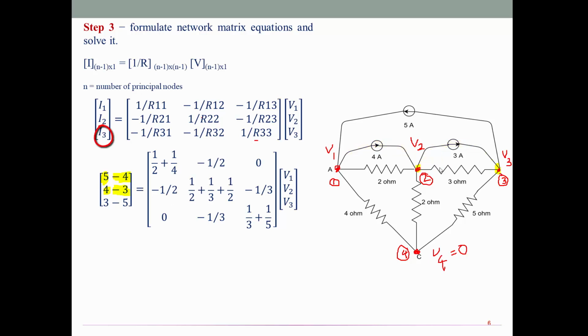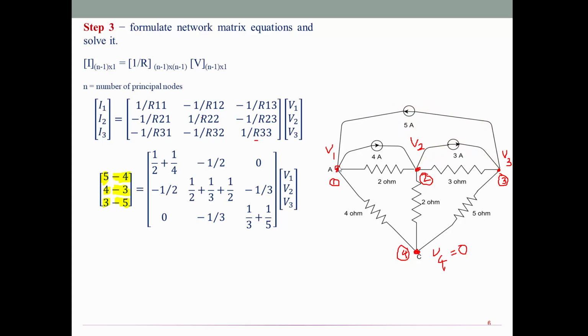Similarly, look at node number 3. 3 amps current towards a node, and we got plus 3 here. 5 amps current away from the node, minus 5. So this is how to fill current vector.